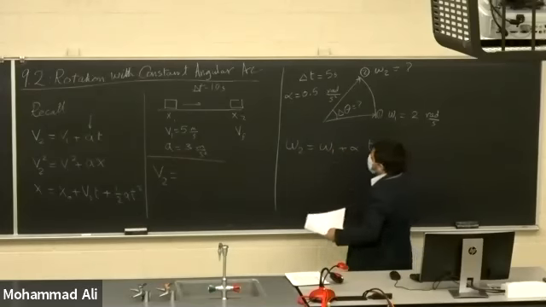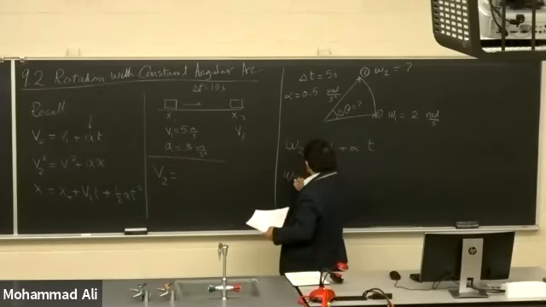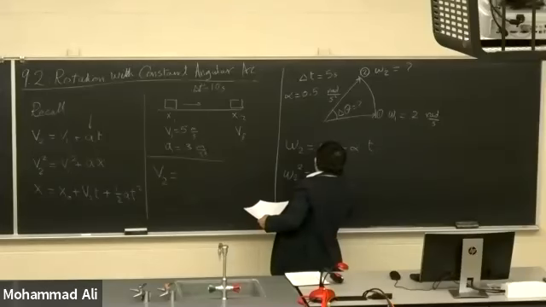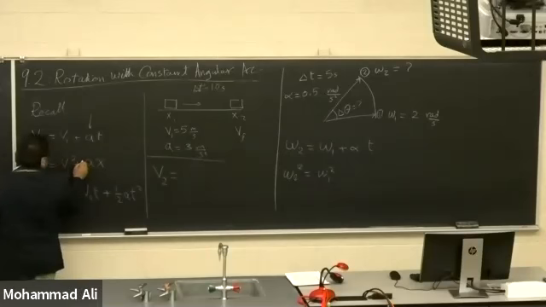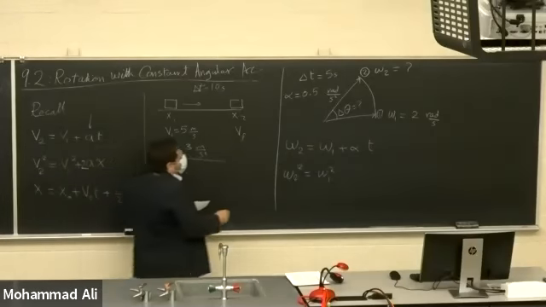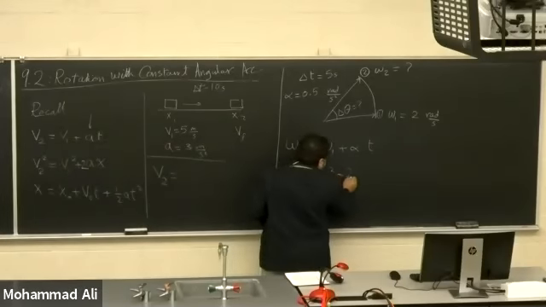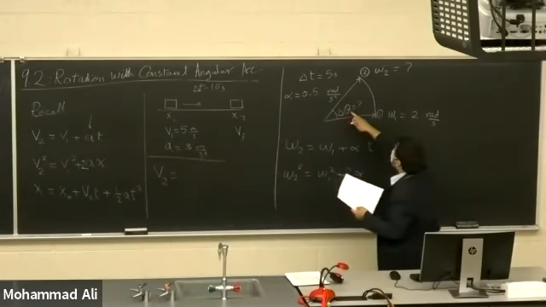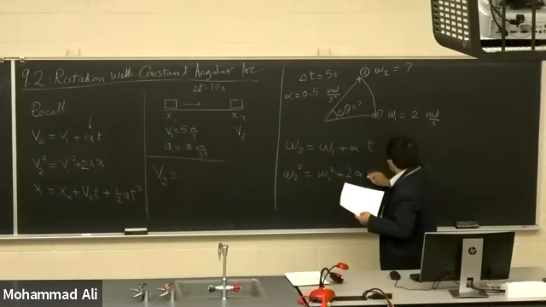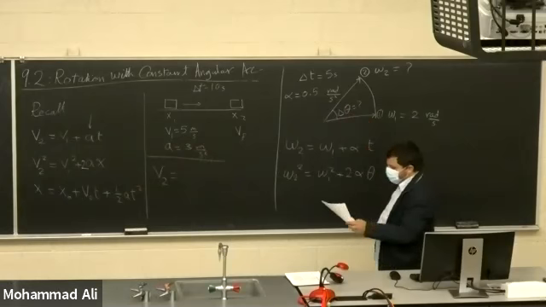Also, omega 2 squared is equal to omega 1 squared plus 2 alpha times delta theta. What about x? X is theta here, or delta theta.